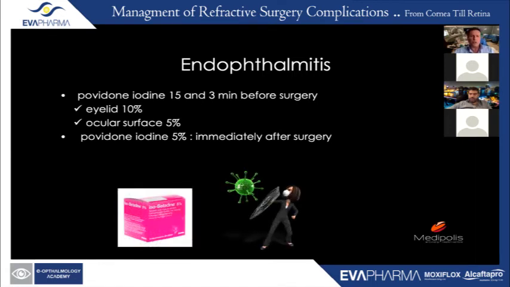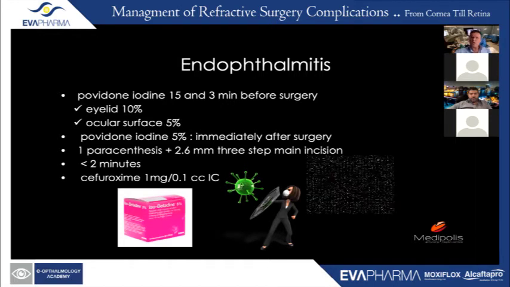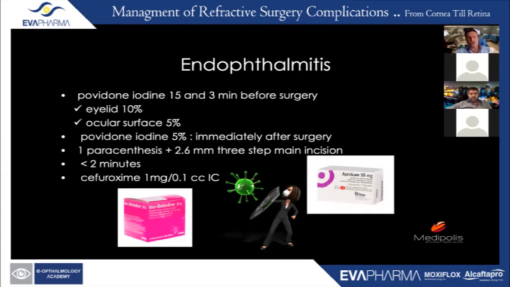Prevention, of course, is the way to go. How do we do it in our center? We use 10% povidone iodine and 5% on the ocular surface, 15 minutes and 3 minutes before surgery. Immediately after the surgery, we put 1 drop in each eye of povidone iodine 5%. Also, minimizing the incisions in the eye is important. I only use 1 paracentesis close to the distal haptics and 1 three-step main incision of 2.6 millimeters.